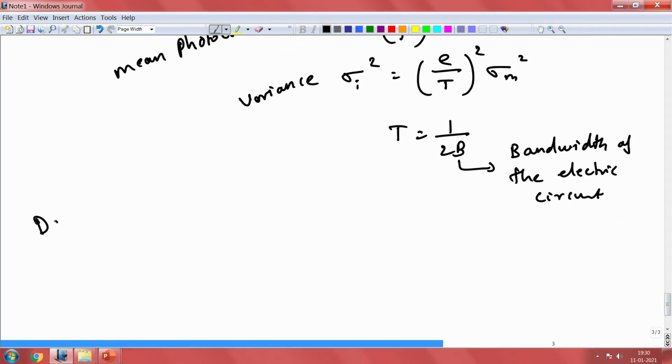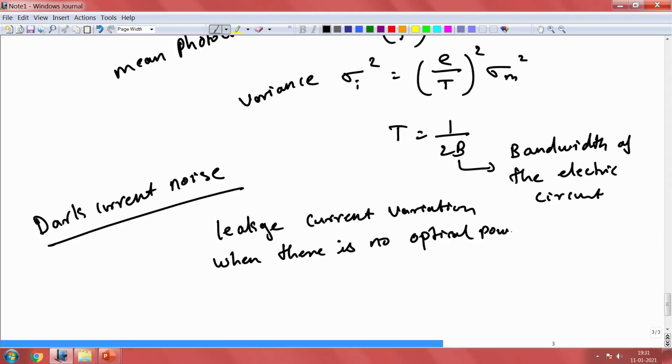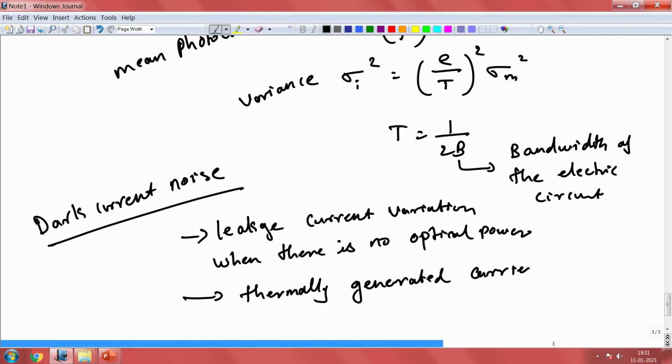So, the dark current noise is nothing but a leakage current variation when there is no optical power, and this is primarily due to thermally generated carriers.